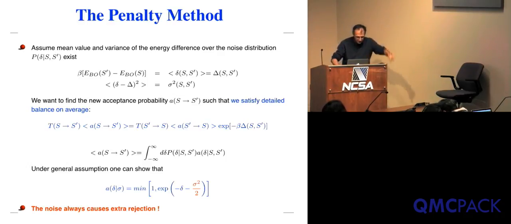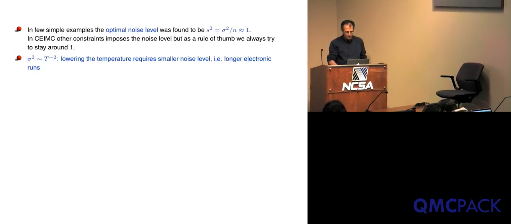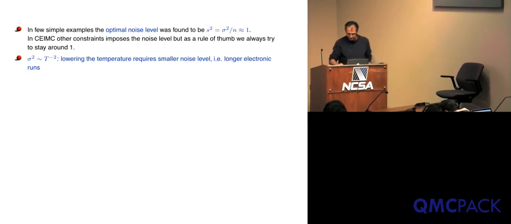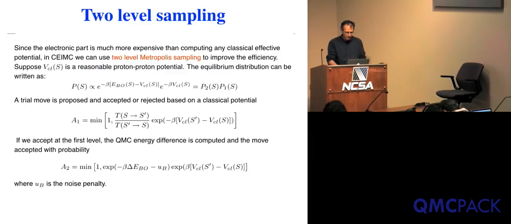So if you go down in temperature, this term increases. That's what I wrote here. So there might be a problem if you want to go too low in temperature with this method, because you have to run longer electronic calculations.